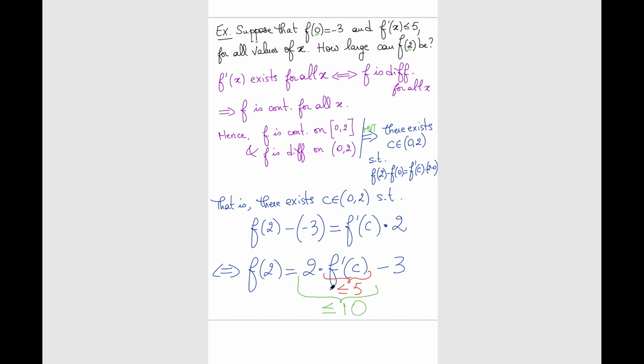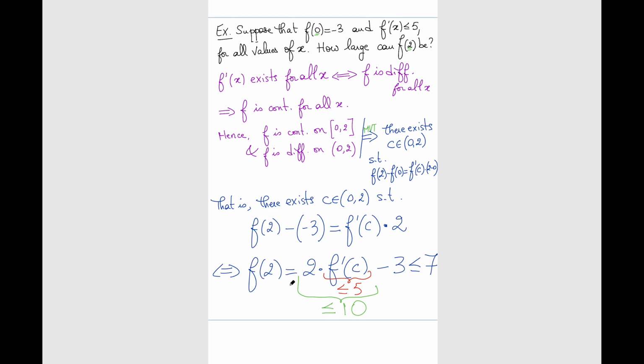So this guy is at most 10. How about the whole thing? It's at most 10 minus 3, which is how much? Which is 7. Right? Because this whole thing is at most 10 minus 3, and 10 minus 3 is 7.